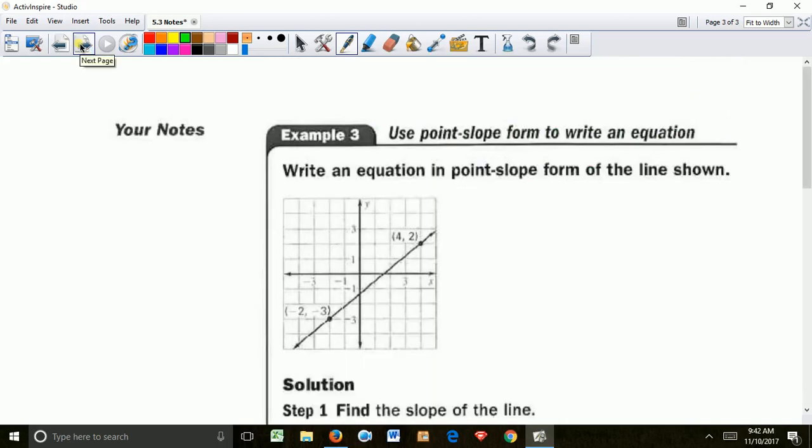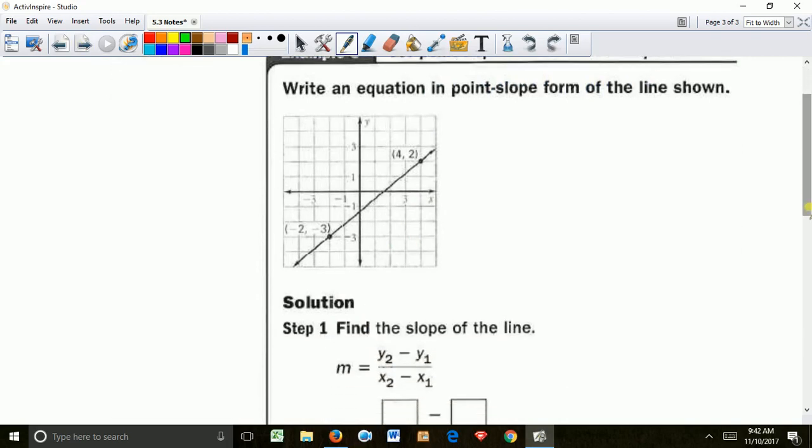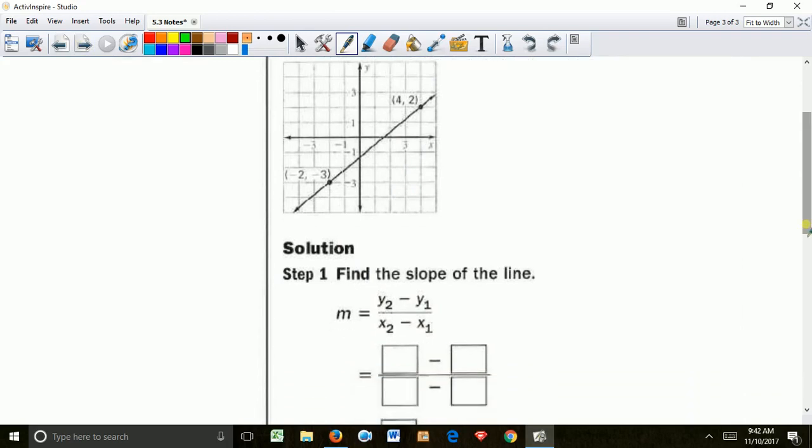Moving on to the last example, example 3, they want you to use point-slope form to write an equation. So looking at the graph, first things first, we've got to find the slope. In this case, we've got the points 4, 2, and then -2, -3. To find your slope, you can take y2 minus y1. So in this case, you're taking -3 minus 2, and then dividing it by -2 minus 4.